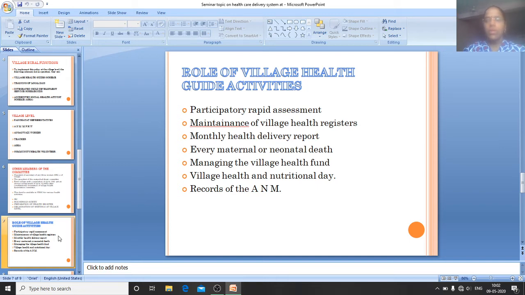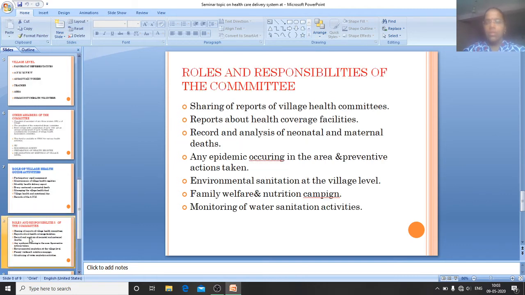Every maternal or neonatal death, including postpartum death, is very important for the census, so they have to report it. Managing the village health fund, and the village health and nutritional day, which must be celebrated by the village health guide. For all those they need funds, which will be provided. The records of the ANM must be supervised by the supervisors.